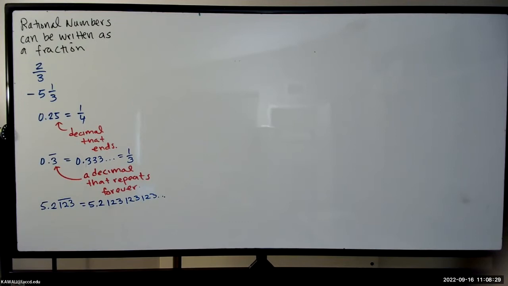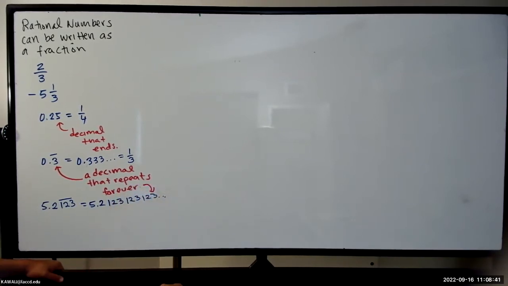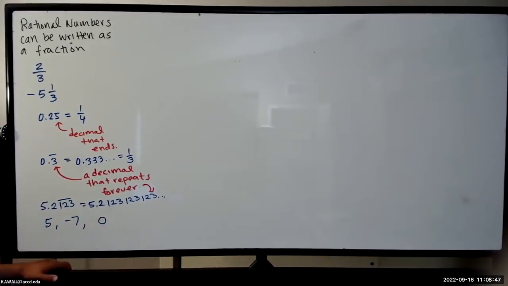It doesn't have to be just one number, but at some point it has to be repetitive, even though it goes on forever. Or just regular numbers, 5, -7, 0. All of those are rational.